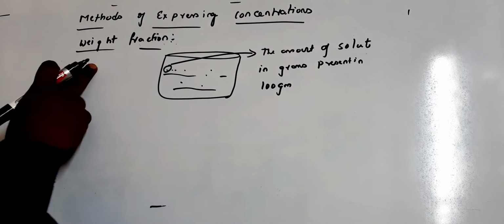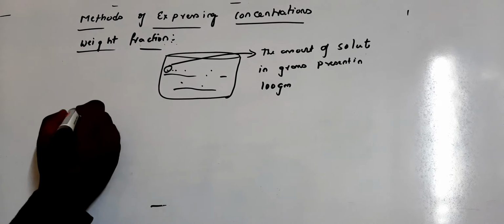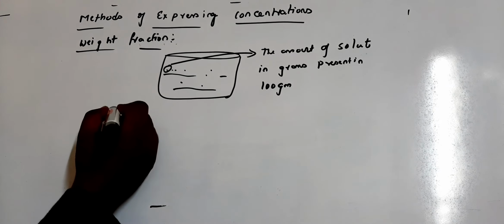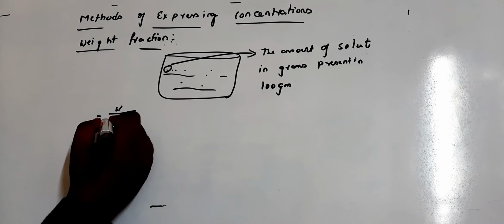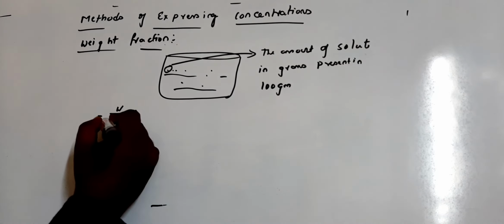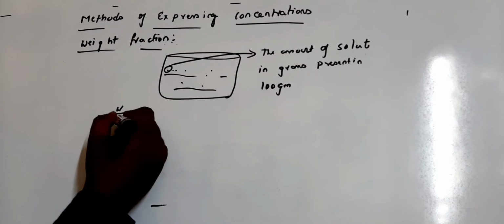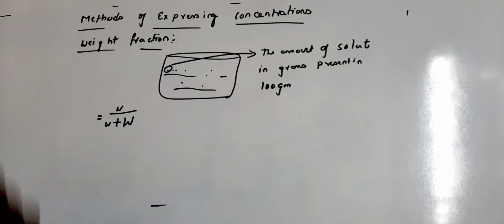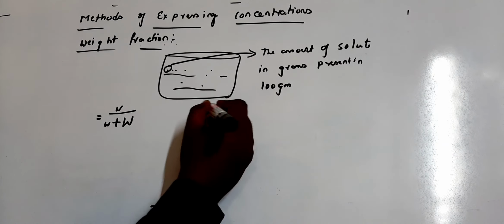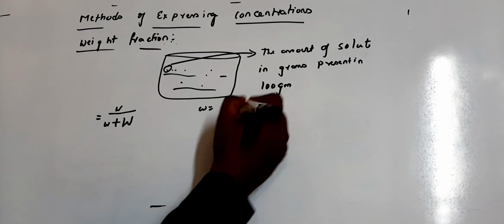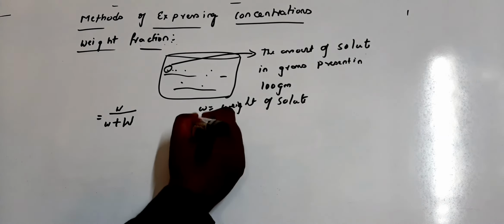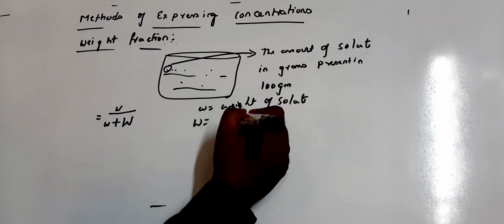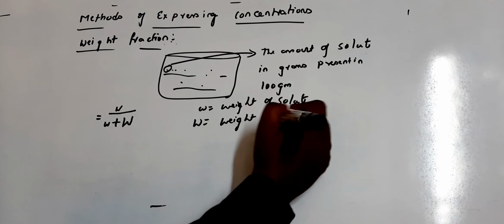That we call the weight fraction. Here it is denoted by small w, the weight of the solute. The total weight of the solution means solute plus solvent. Small w means weight of the solute, and capital W means weight of the solvent.